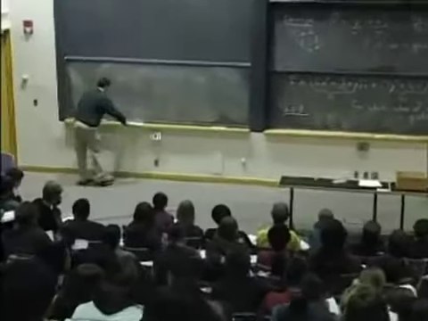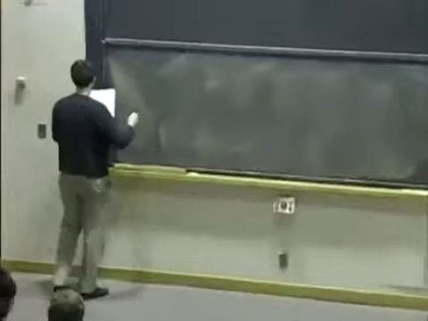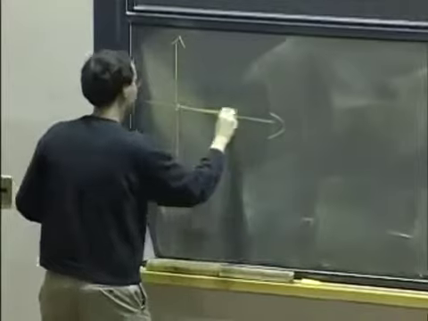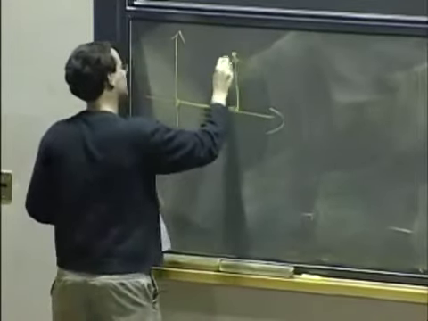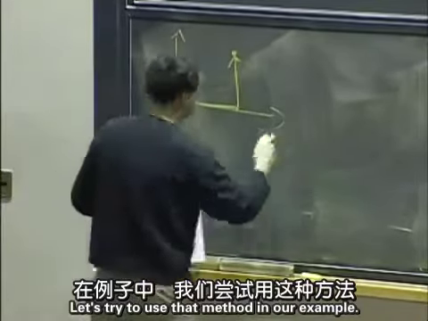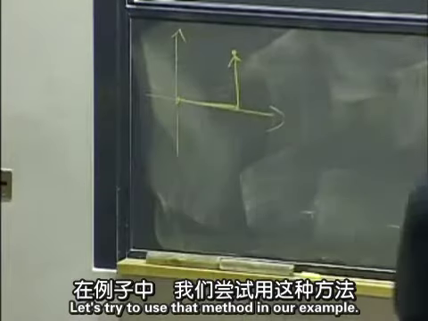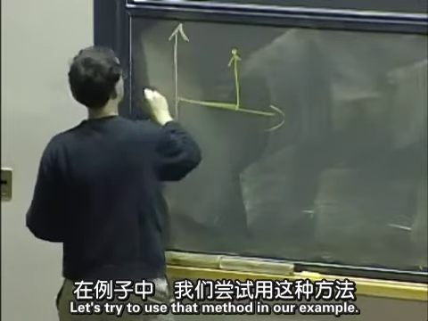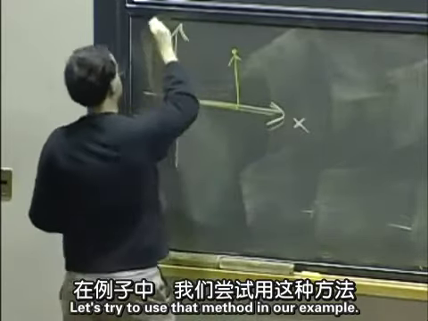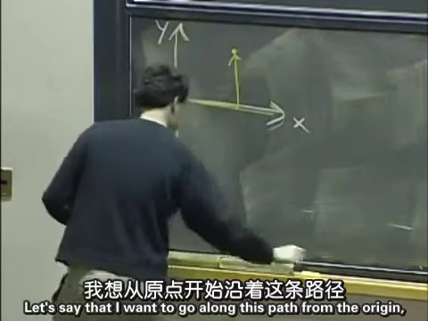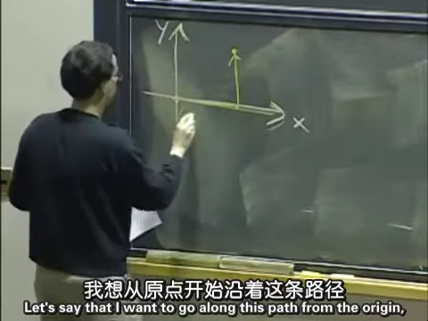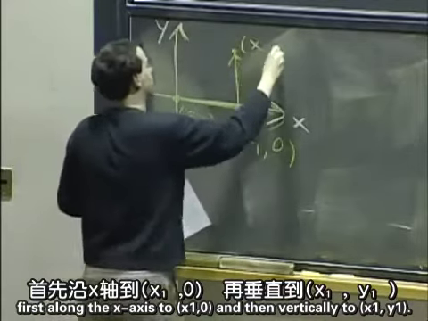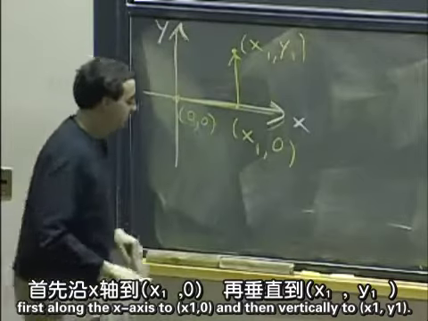Okay, so let's say that I want to go along this path from the origin, first along the x-axis to x1, 0, then vertically to x1, y1.